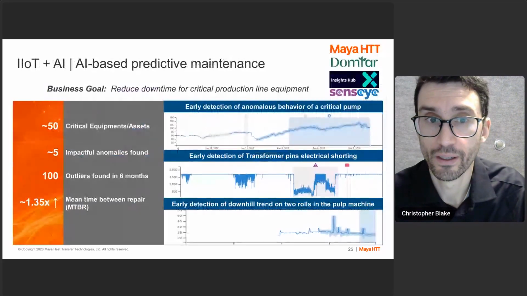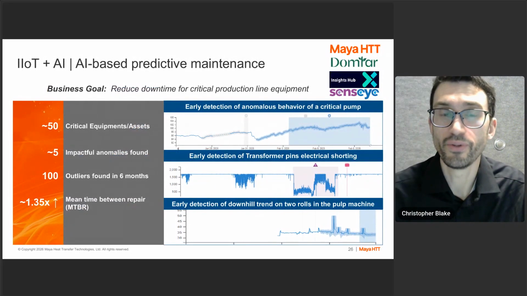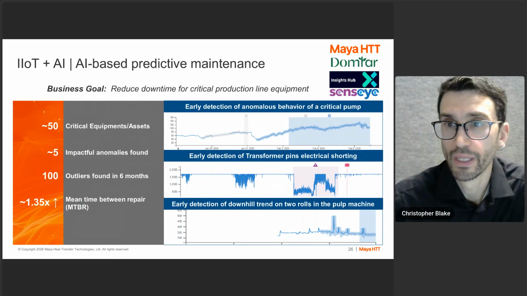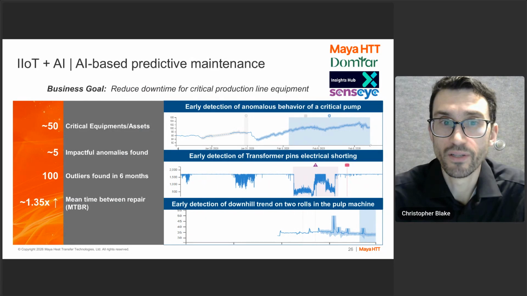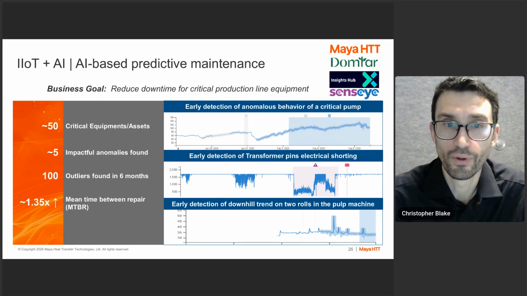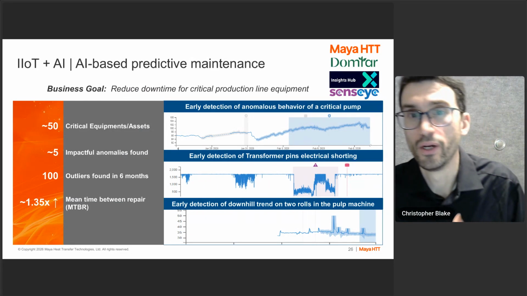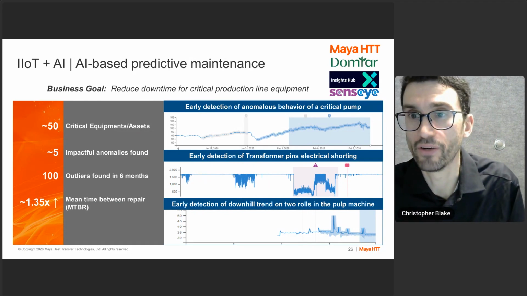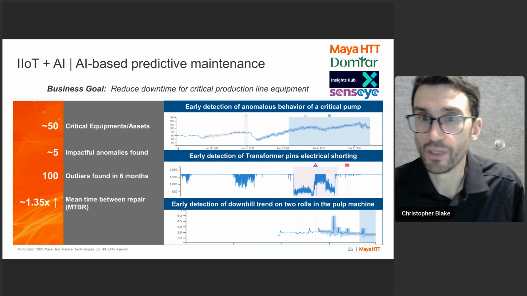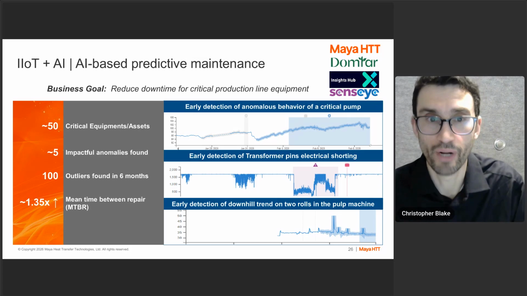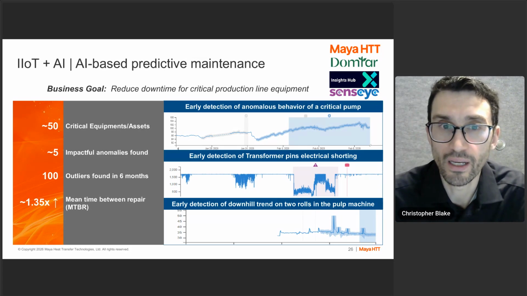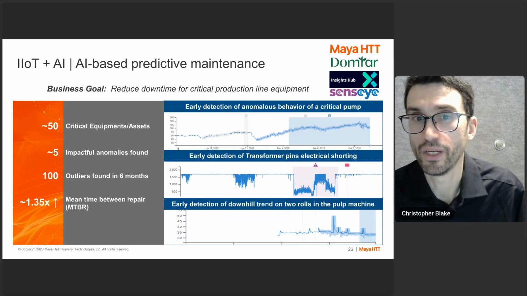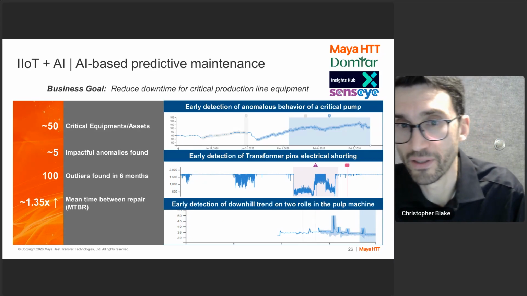So here's an example use case that we worked on from the pulp and paper industry, where we tracked sensor readings in a pump, a transformer, and a rolling machine amongst 40 other assets. And we found several anomalies in the data that led to some proactive interventions and an increase in the mean time between significant repair events.